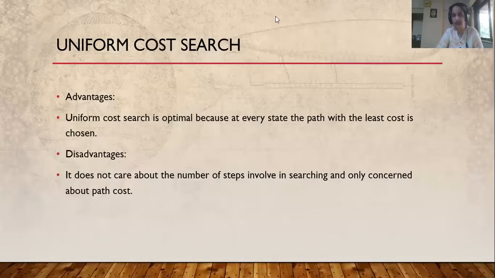Now let's say if the path cost is the same, if it is 1 1 1 1 1 everywhere, then uniform cost search is just equivalent to breadth first search. So that is about uniform cost search. It works on a parameter which we call cost. Then there is the cumulative cost of the node, that is the cost of the node starting from the root node.